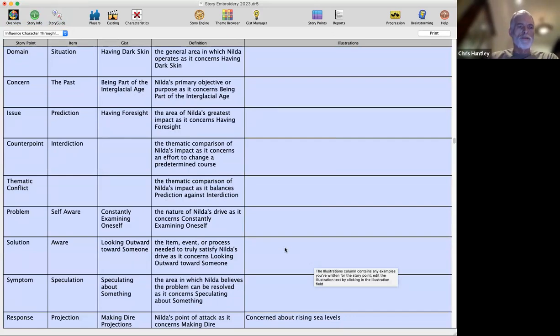Okay, so she is going to be a steadfast character. This would satisfy her motivation or her drive, but in this story, that doesn't happen. Based on the problem, what drives her is that she's constantly examining herself, and that creates motivation to do things.